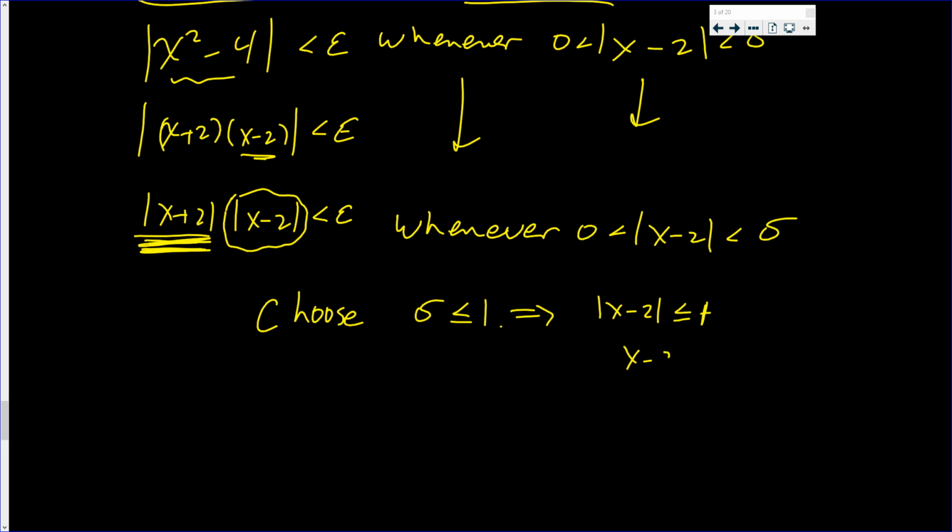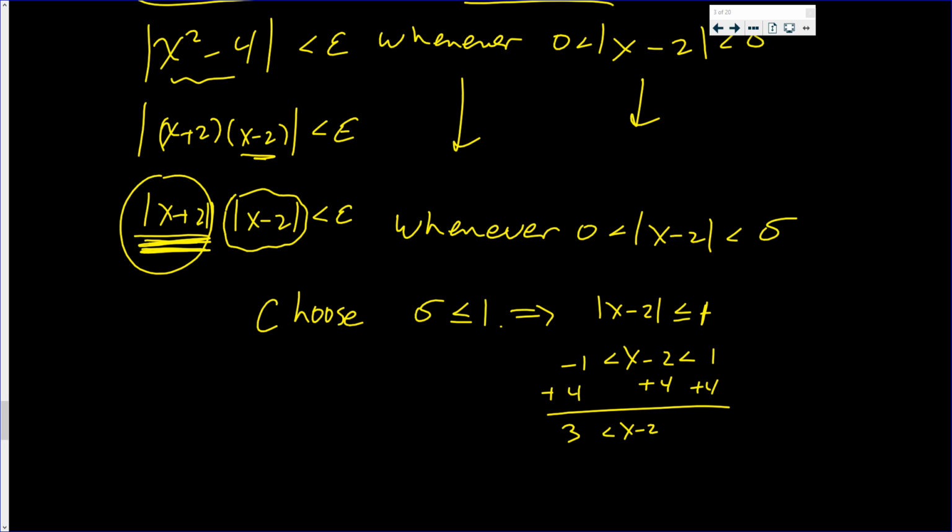That means x minus 2 is in between -1 and 1. Now, again, I want to get a bound on the absolute value of x plus 2. That's going to motivate me like anything to add 4 to all 3 sides. So x plus 2 is in between 3 and 5.